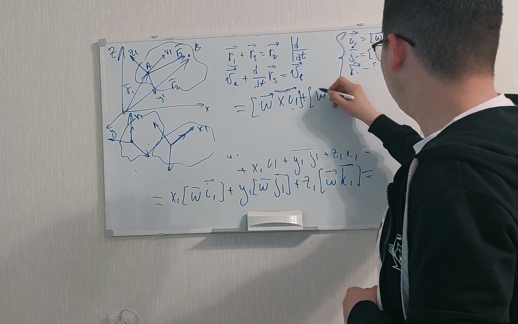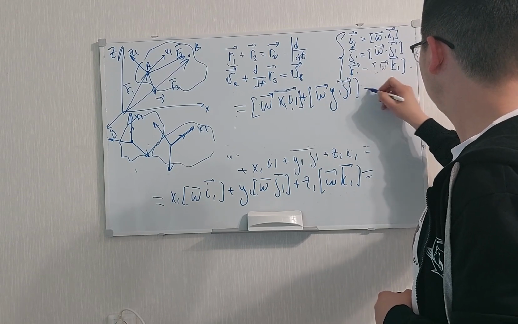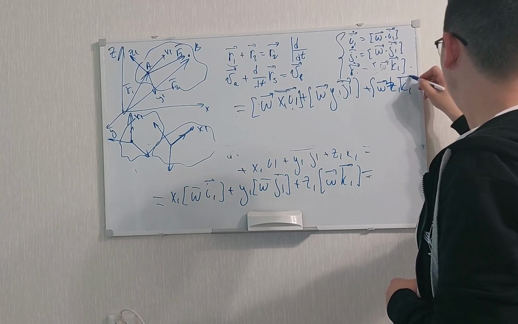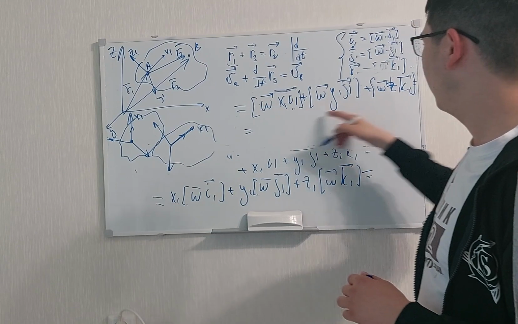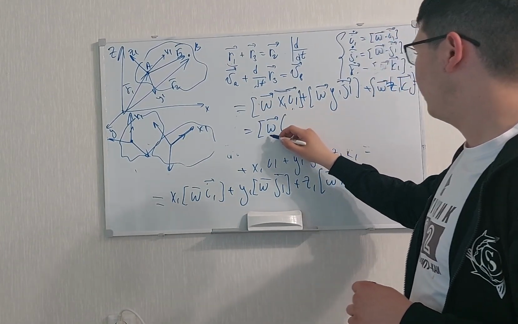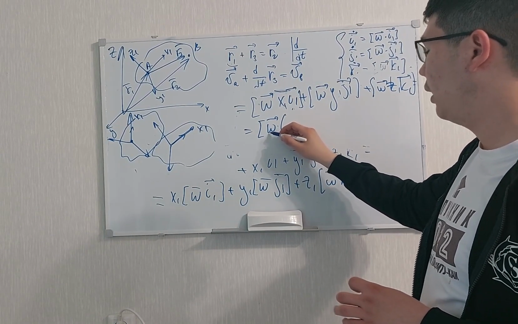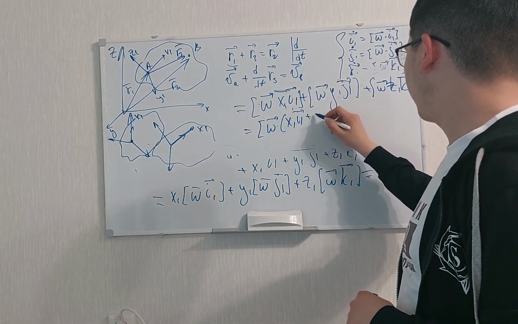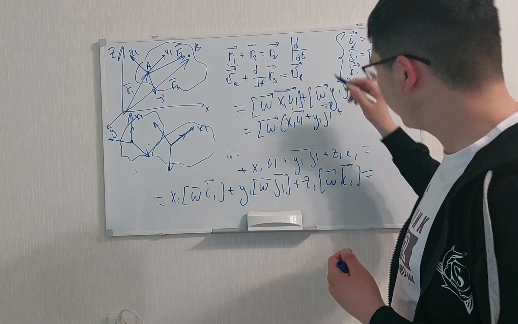Let me write it now. And using another rule, we can unify these three brackets, so this is the same as the vector product of the angular velocity vector and the sum of these three components of our vector r3.